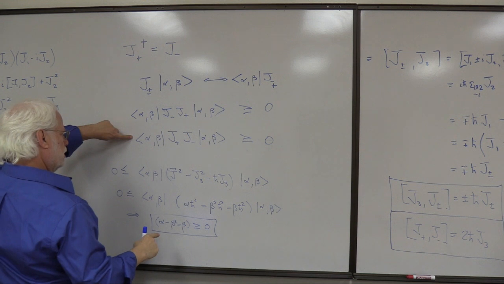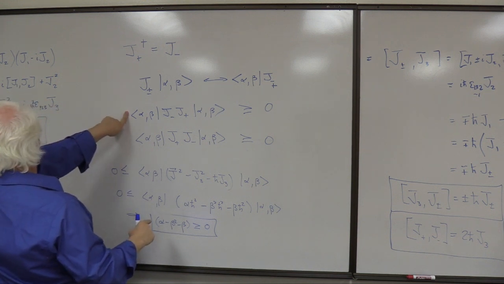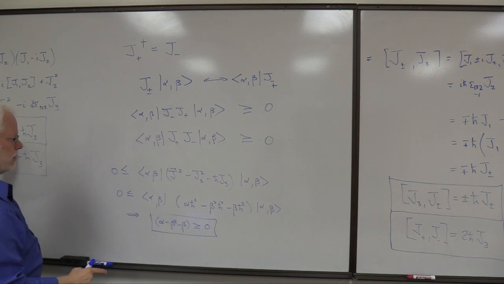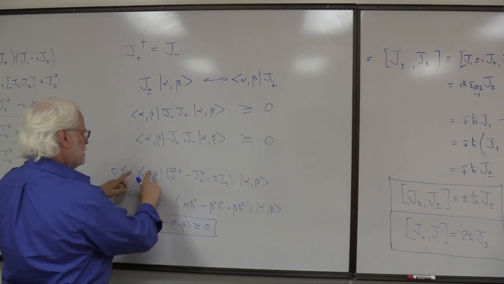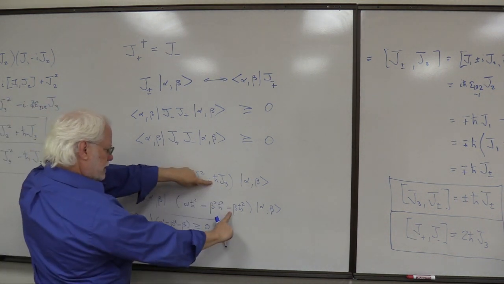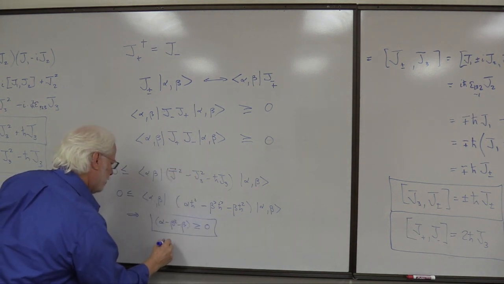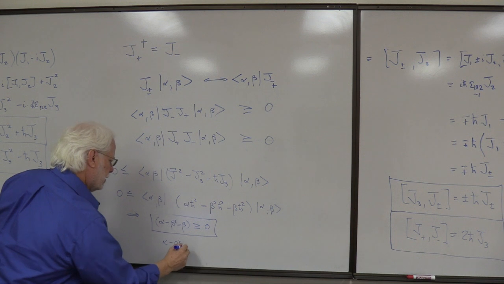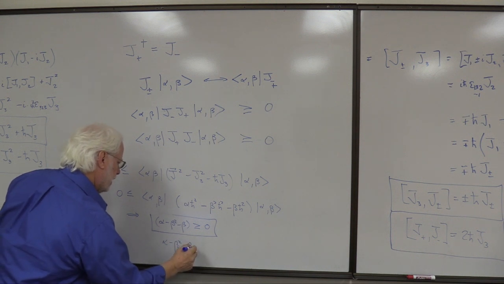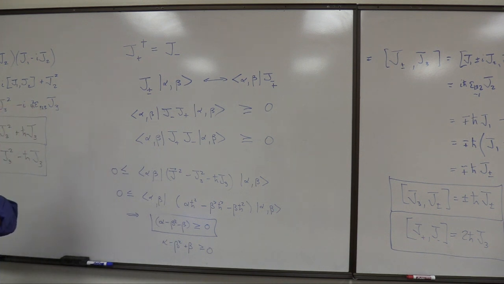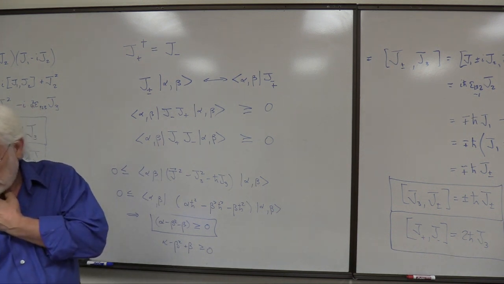The second one is going to have a plus H bar here, so it just changes the sign: alpha minus beta squared plus beta has to be greater than or equal to 0 as well.